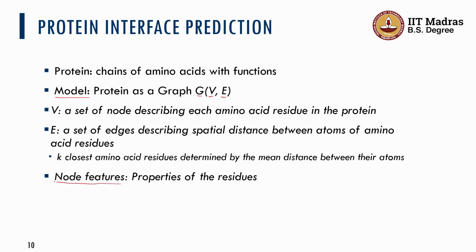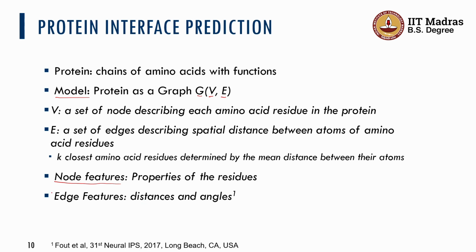Node features can be taken as properties of the residues, the amino acids, and for edge features, certain publications have taken distances and the angles between different residues. This is one of the publications which actually uses these properties.